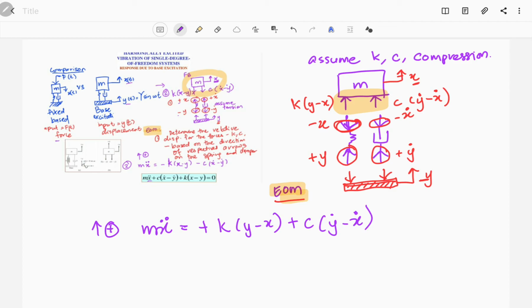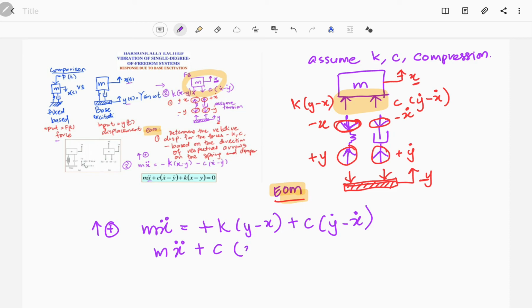If you rearrange the equation, you should get m x double dot. It's negative, but if you want to bring it to the other side of the equation, you may want to change the arrangement. If I write the C term first, whatever is negative here becomes positive because you bring it to the other side of the equation.